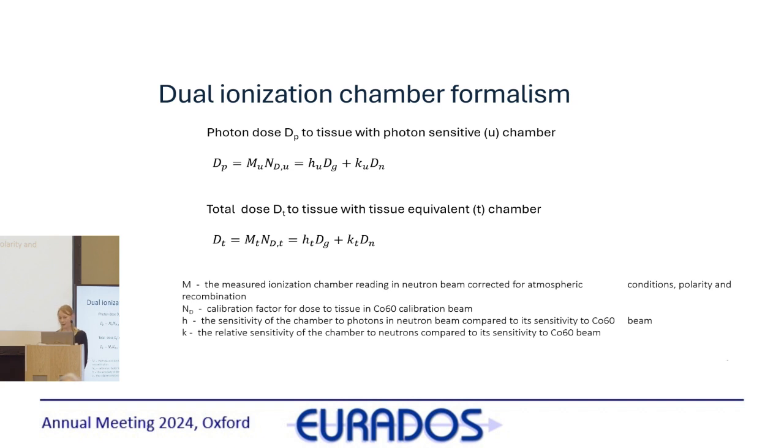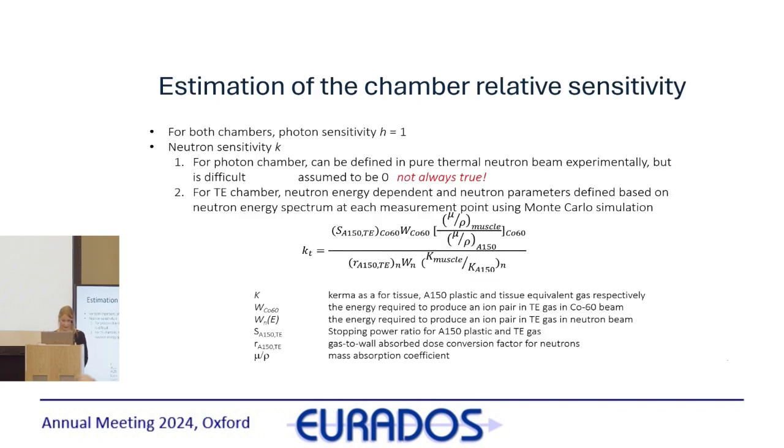And also one thing that increases uncertainty is the little bit unknown relative sensitivity of these chambers to neutrons and photons. But I'll speak about that a little bit more.